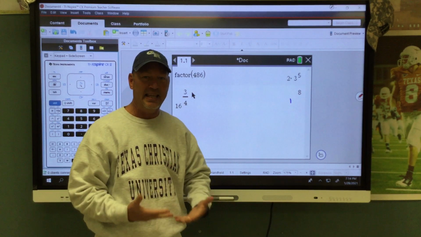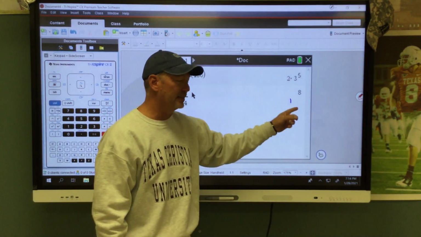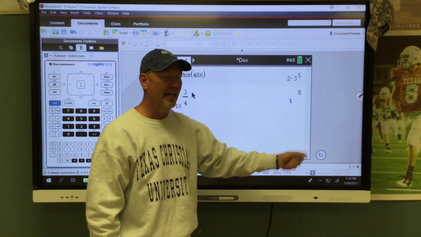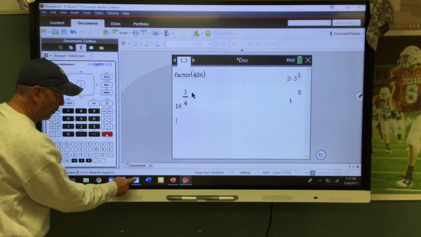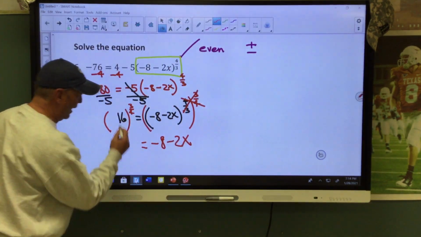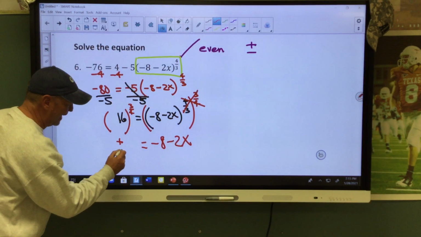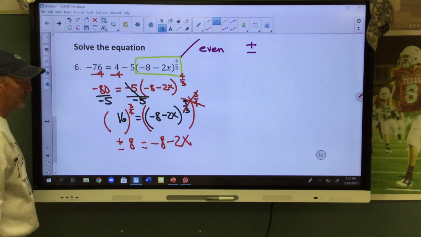But we're taking an even root, so it's going to be a positive negative 8. So back on our problem, this will equal a positive and a negative 8.